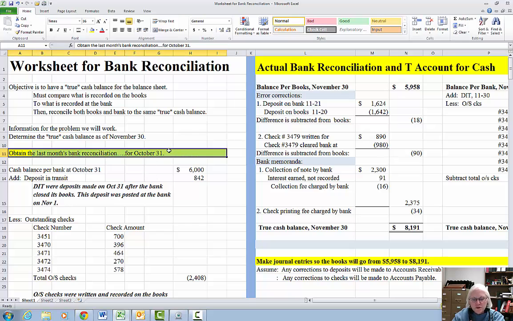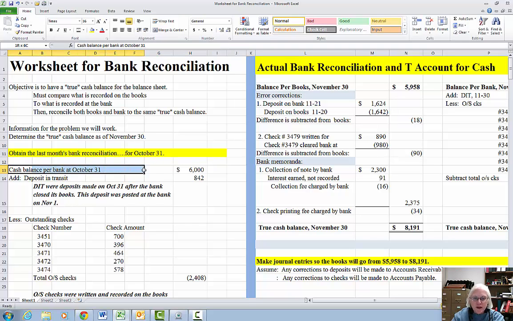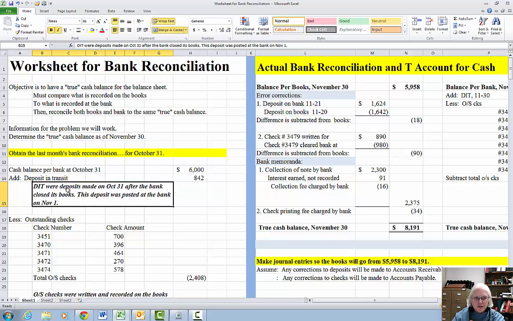So the October 31 bank rec shows cash balance per bank is $6,000, and they added a deposit in transit of $842. So just in case you don't know, a deposit in transit is a deposit that was made on October 31 after the bank closed its books. So the deposit was actually posted at the bank on November 1.